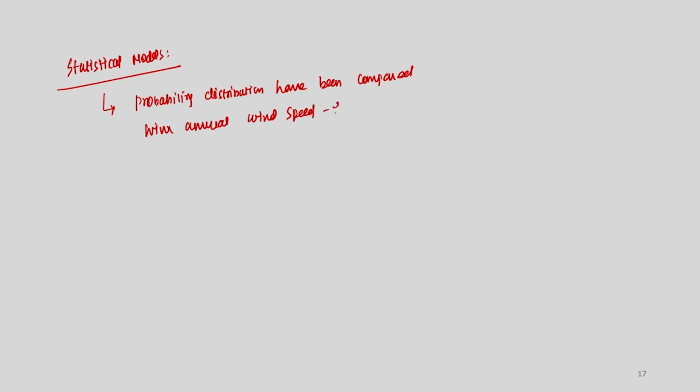Right. So, as I said earlier, these statistical models are probability distributions that have been compared with the annual wind speed frequency distribution.